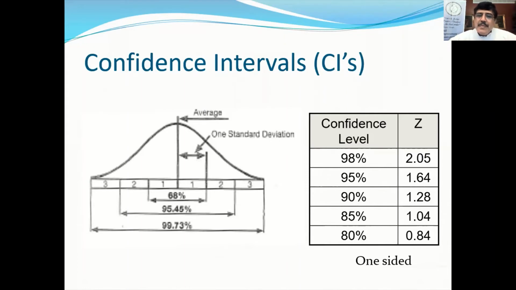This is how we calculate it. We say, the average that I get for the sample is 20 years, but I am 68% confident that the population mean is within one standard deviation below that number or one standard deviation above that number.